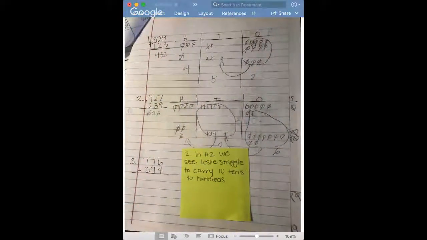This is when you start to see that she struggled to regroup from ones to tens and then from tens to hundreds. So where I saw her misunderstandings and misconceptions to come from would also be supported by the Van de Walle text that suggests that if explicit connections are not made between the regrouping and the procedure, then the operations will be done wrong.